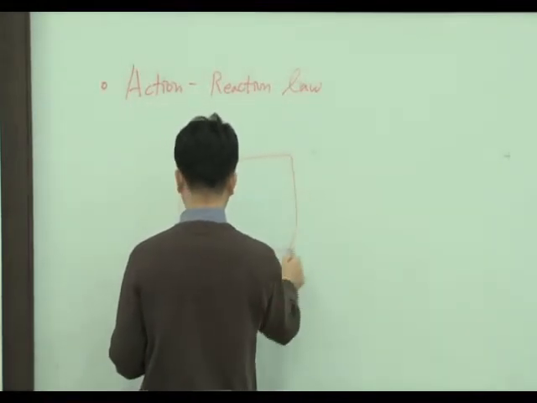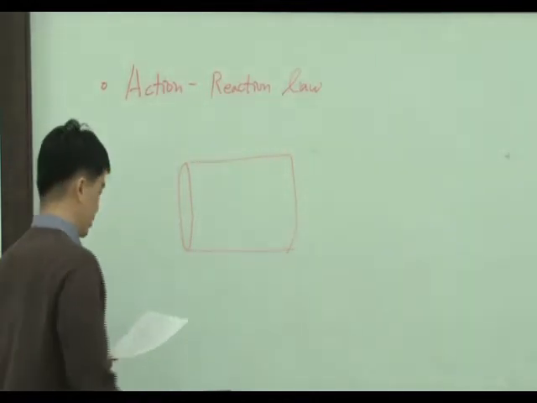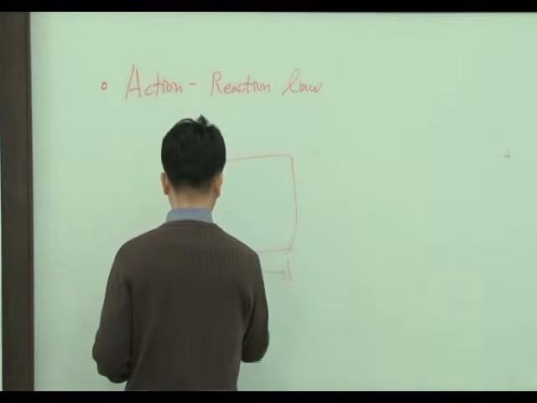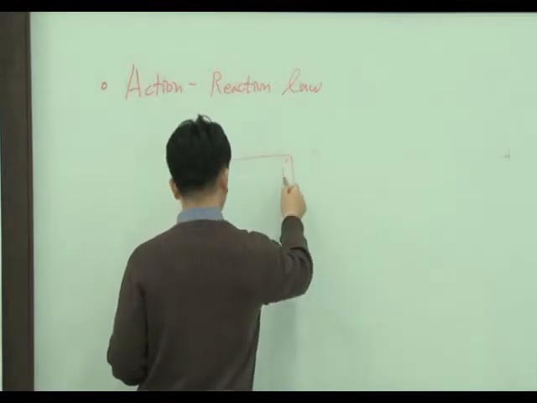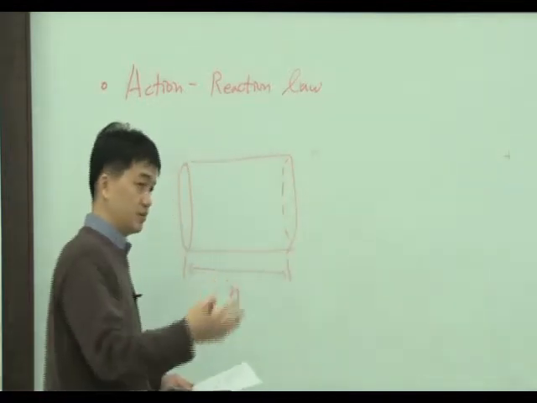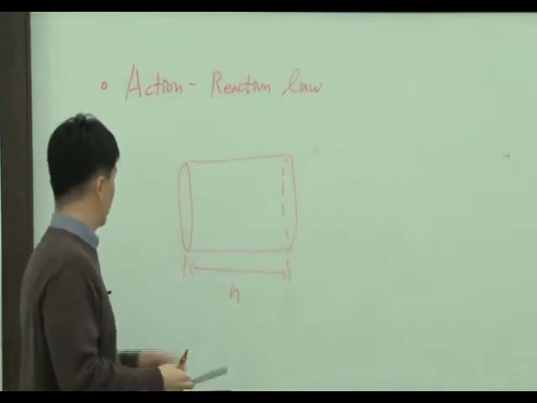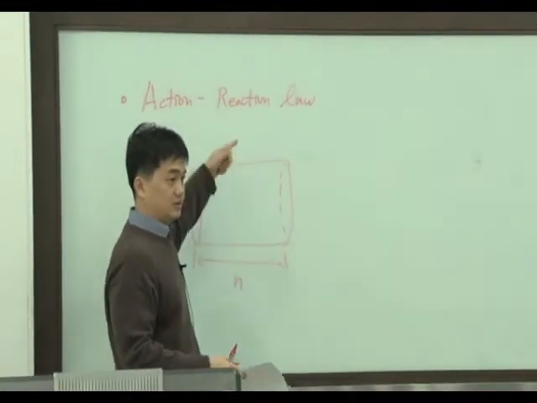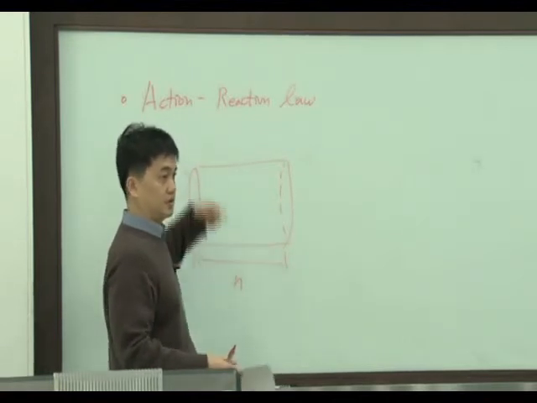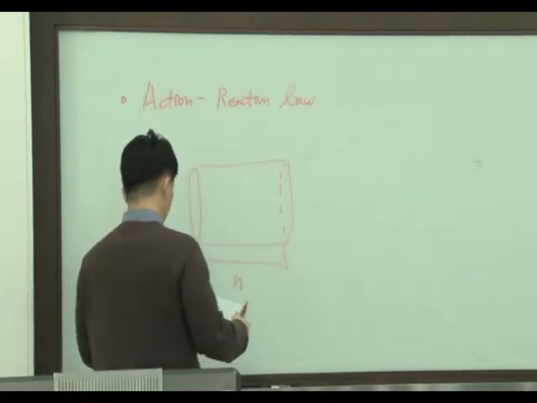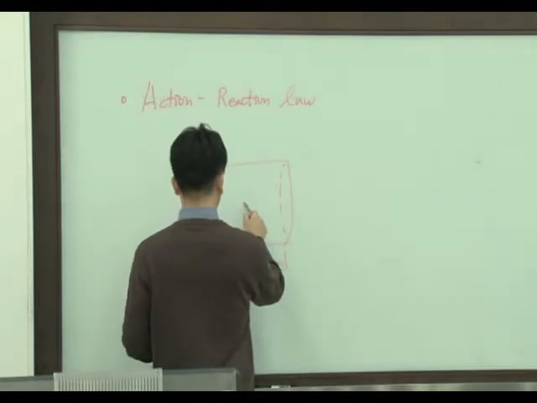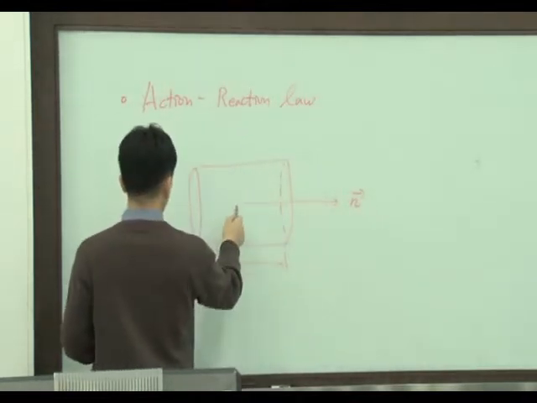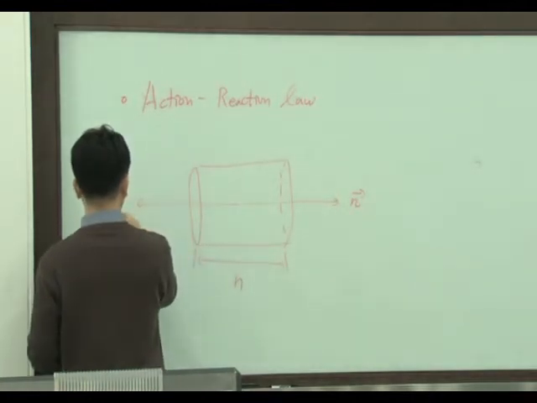This is a cylinder, which has length h, and the cylinder has three surfaces, right? Three surfaces. Left hand side, right hand side, and circumferential side. And the length direction is this, direction n, and the other direction is minus n.